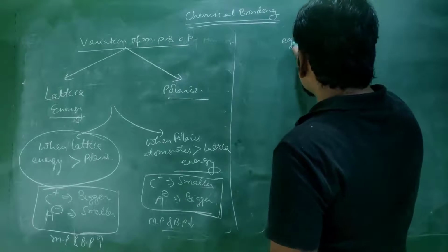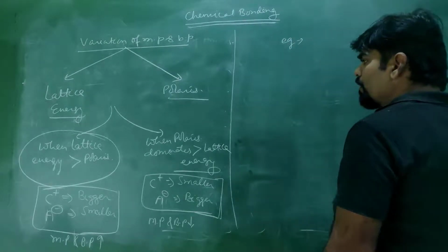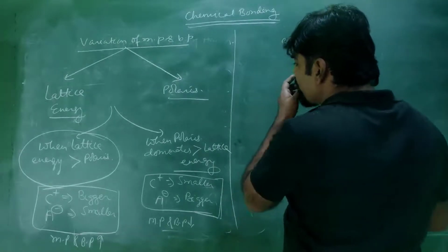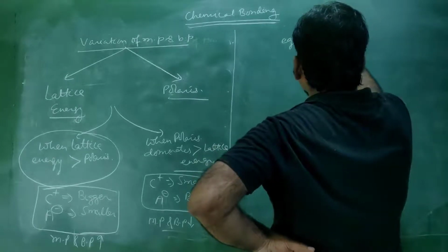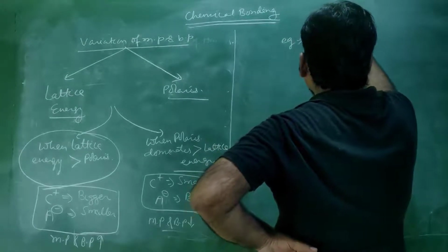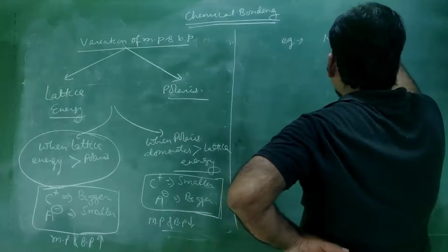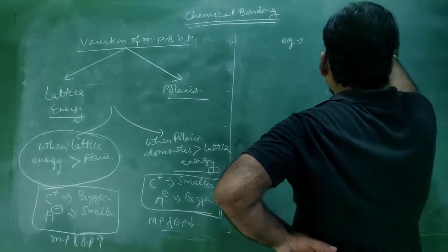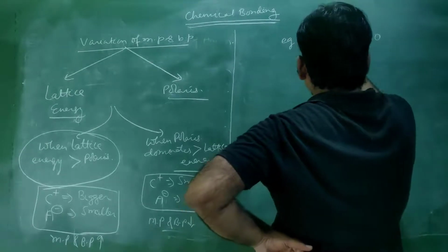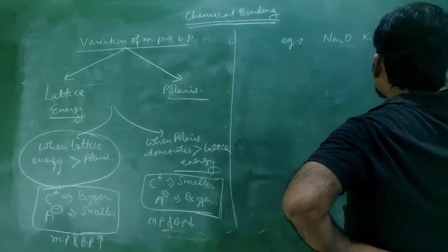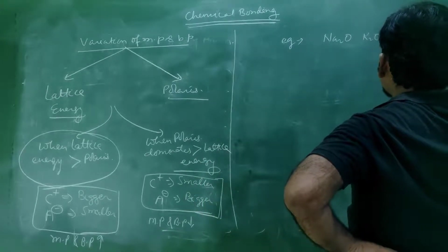Like for example, suppose we have Na2O, then K2O, then Rb2O, then Cs2O.